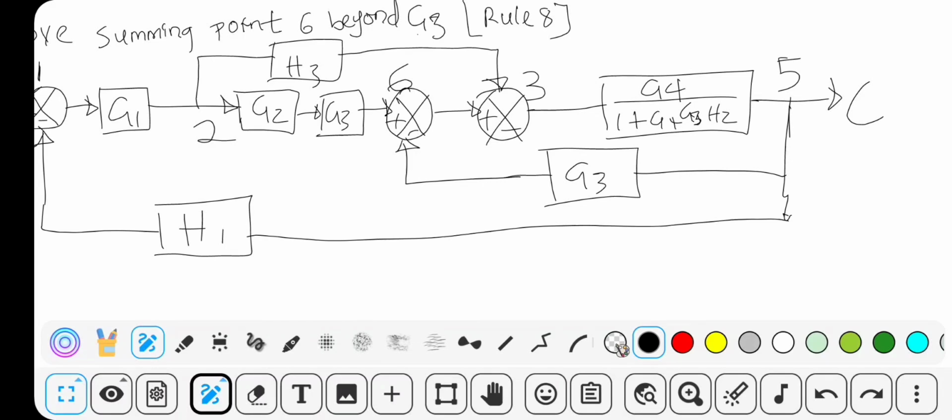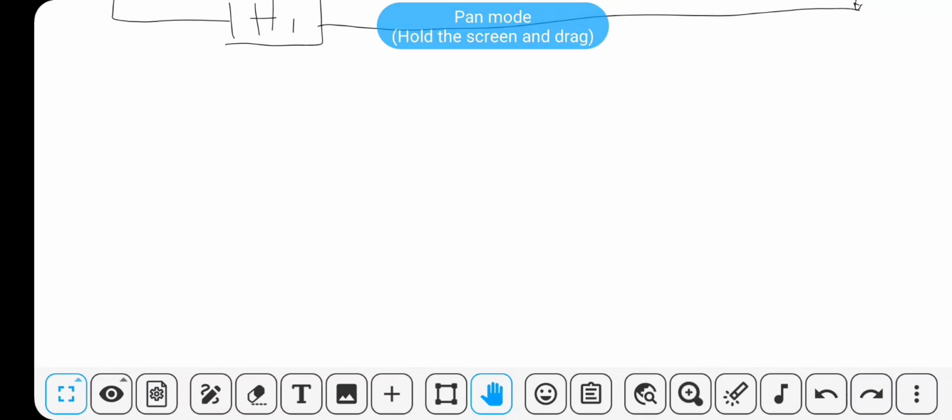There's a rule that we can use to move these summing points. We can move this feedback down to this summing point and this feed forward down to these summing points. There's a rule that we can apply.